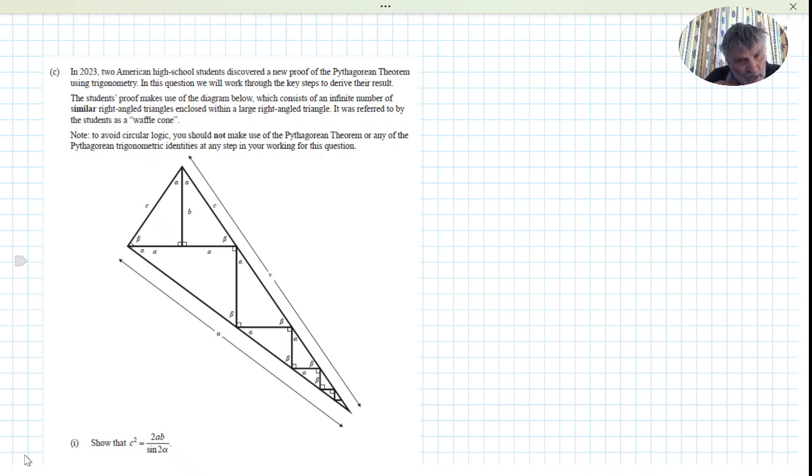And it's made up of an infinite set of similar triangles. The triangles are similar because the angles have to be all the same, and they are decreasing in dimensions, so they're getting smaller and smaller. So there's an infinite number of these as you go down.